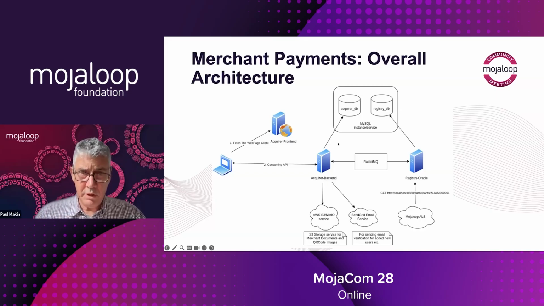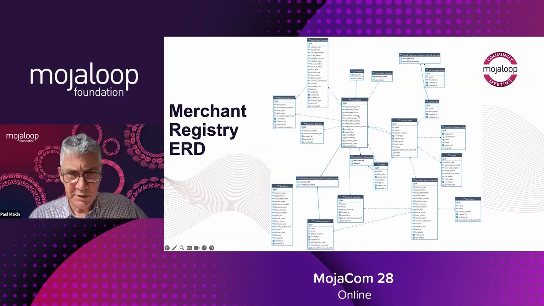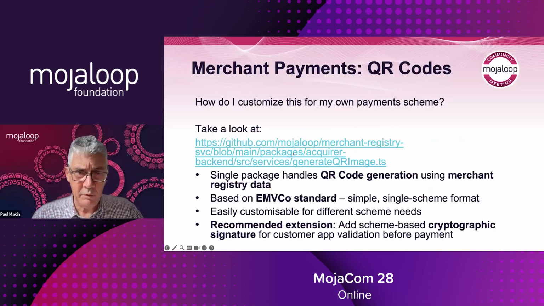And to illustrate just how complex the merchant registration process here is, here's the entity relationship diagram. Again, we won't go through it in detail, but I want you to understand that here we have the record for a merchant, and here we have merchant locations, and there can be multiple locations for that one merchant.